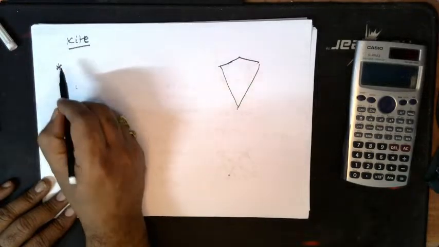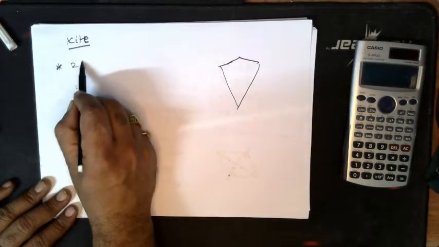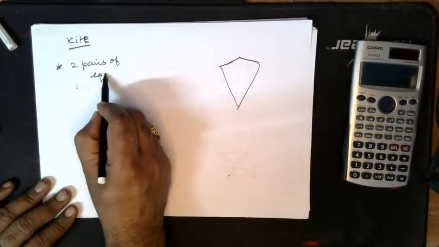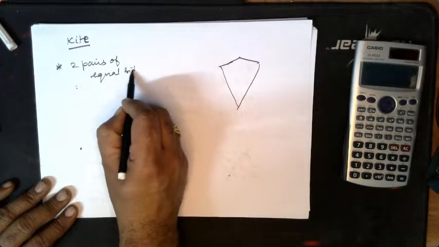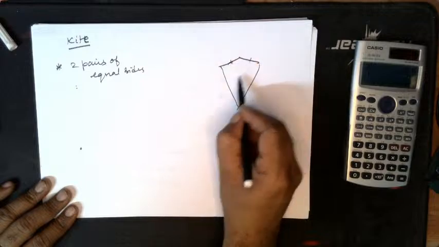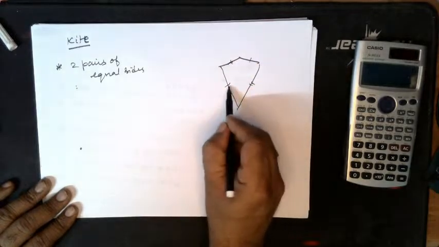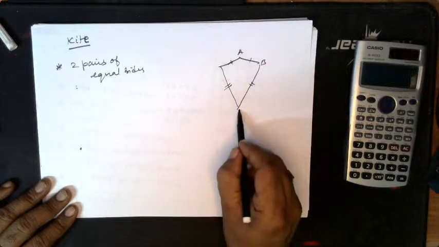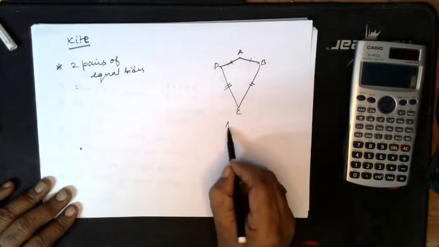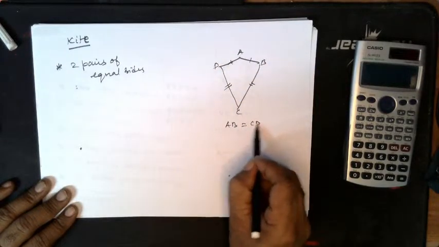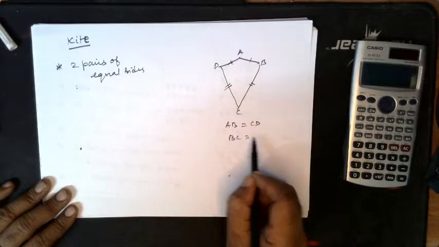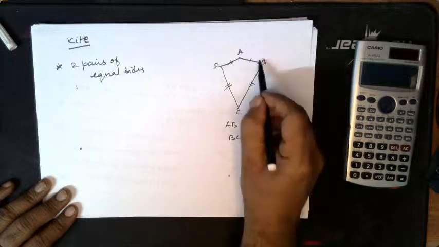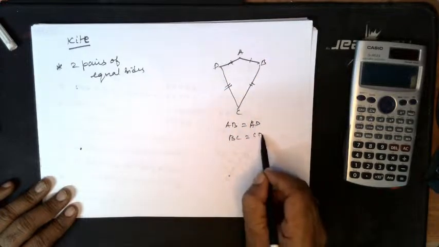So here two pairs of equal sides, it means the adjacent pairs are equal. Let me consider A, B, C, D. AB is equal to AD, BC is equal to CD. Do you understand?